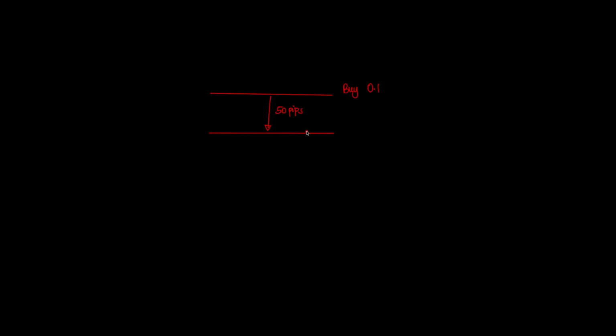So if the market has gone against you 50 pips, the bot will add an additional buy trade, and depending on the factor that you will have set, I'll show you the factor trade. It will either trade 0.1 or 0.2, or depending on the multiplier that you'll have set at this point.